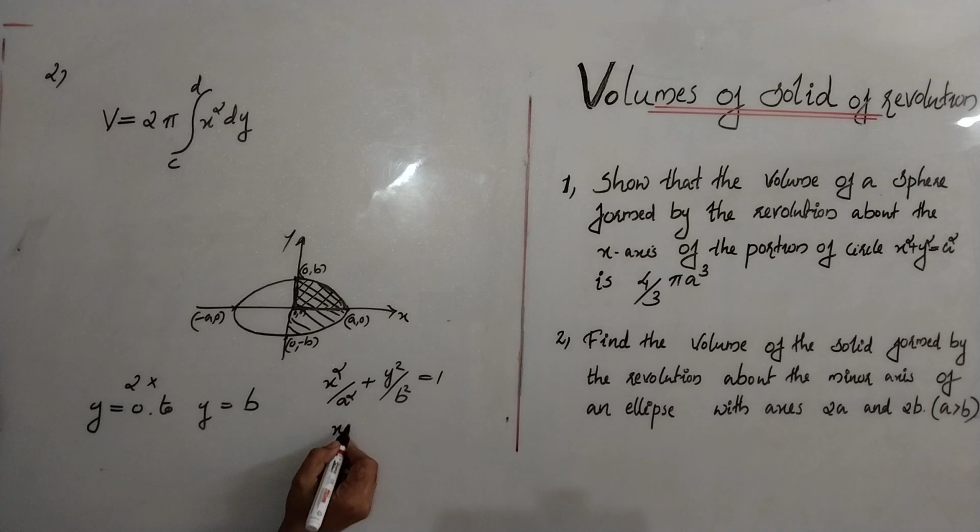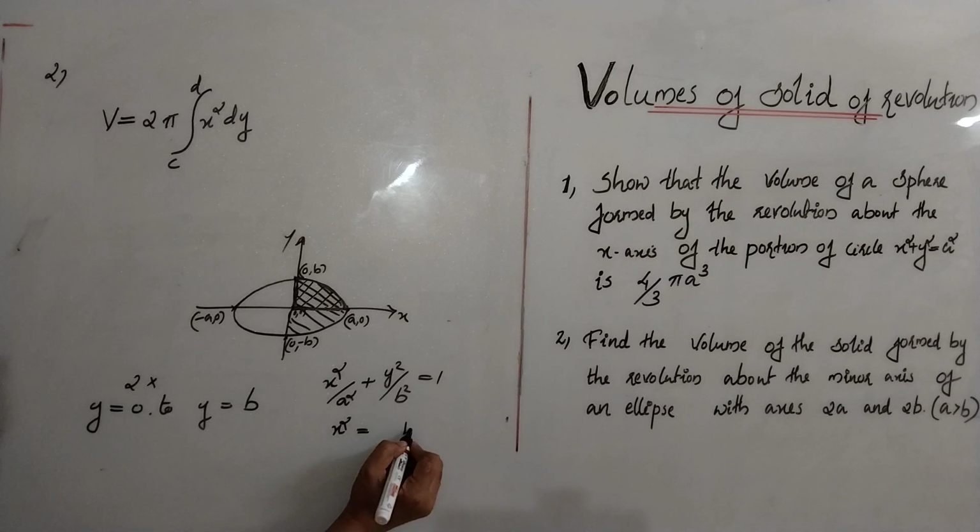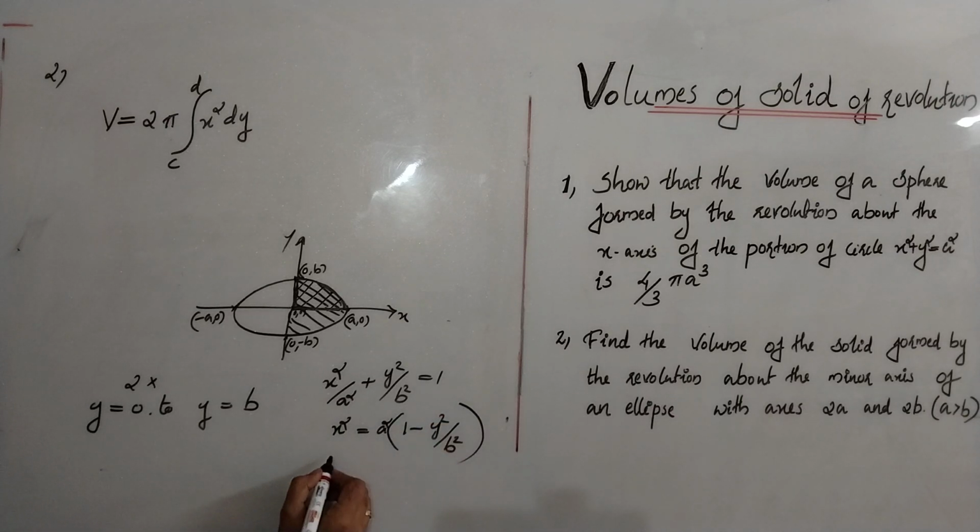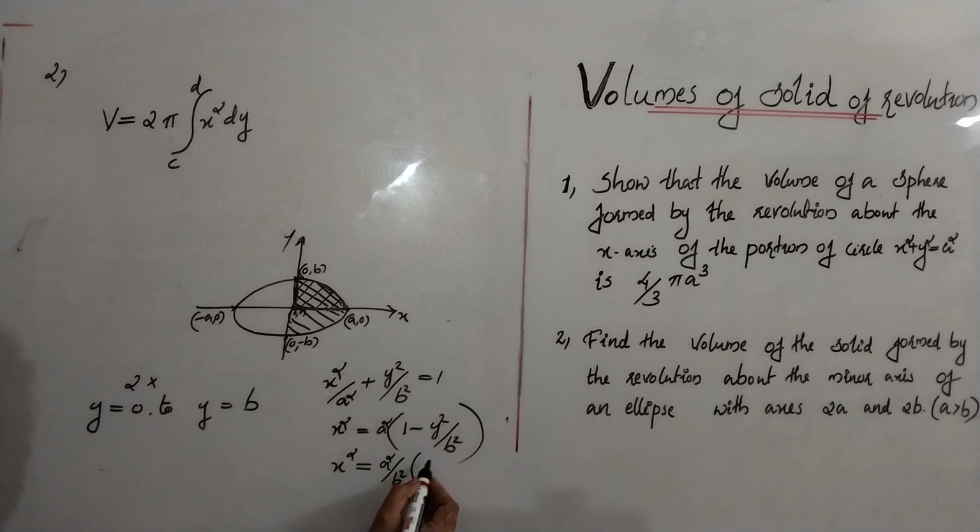Then x square is equal to 1 minus y square by b square, into a square. So we get x square is equal to a square divided by b square into b square minus y square.